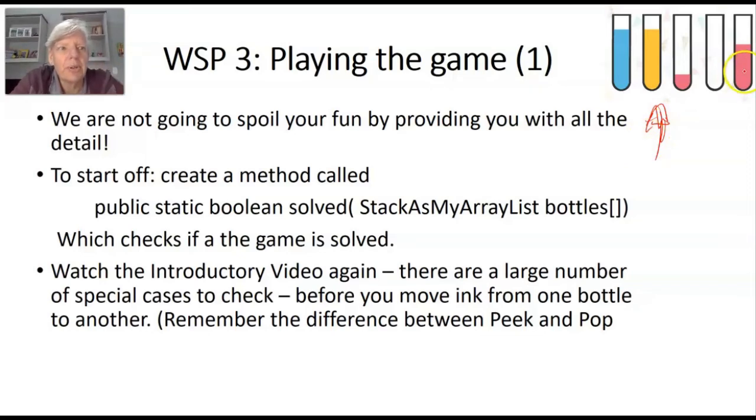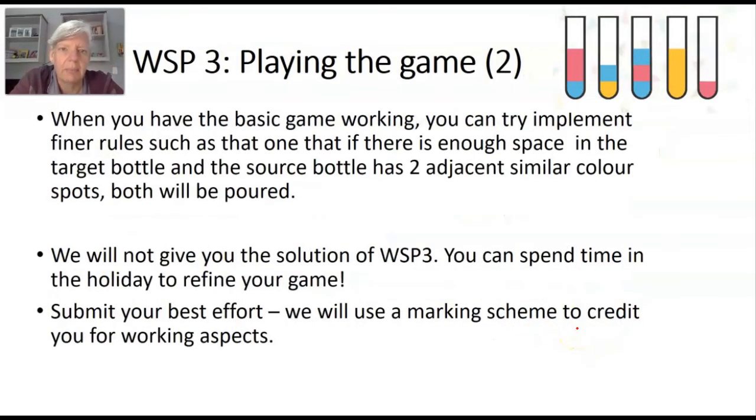Because although each bottle has a uniform color, they are not full. So some of the bottles must be full, some of them empty. You can write the code. Okay, and you will now need to carefully know the difference between peek and pop before you can continue.